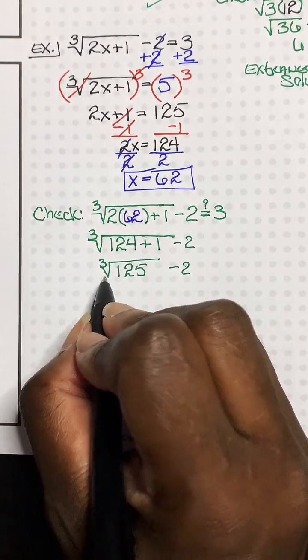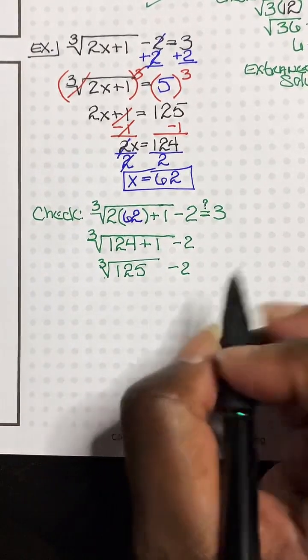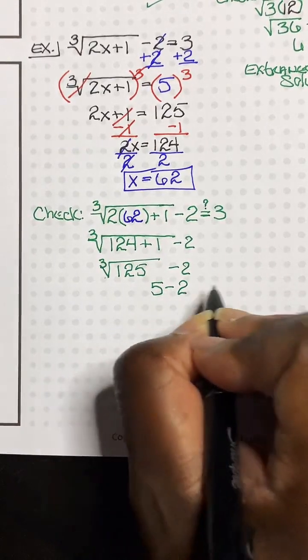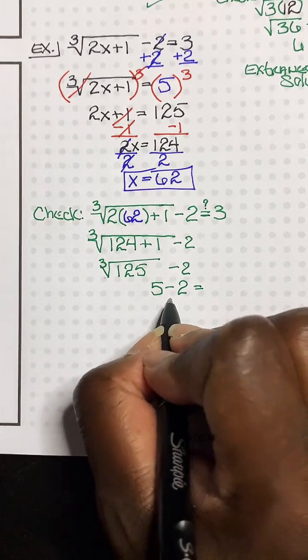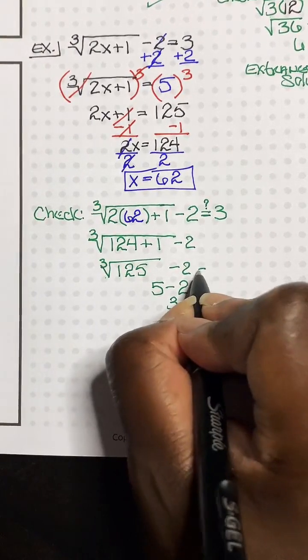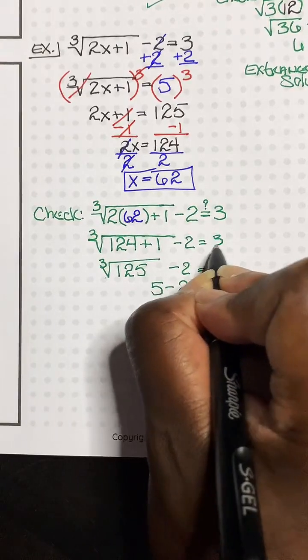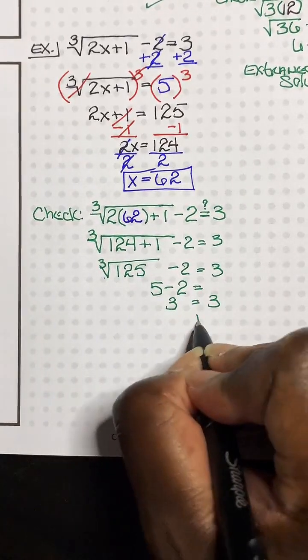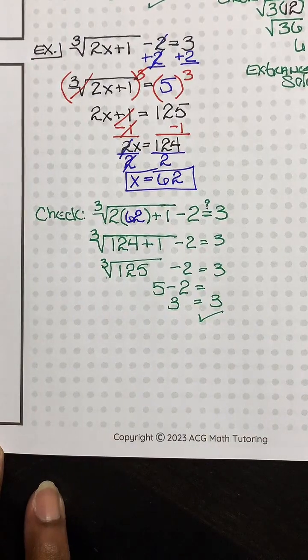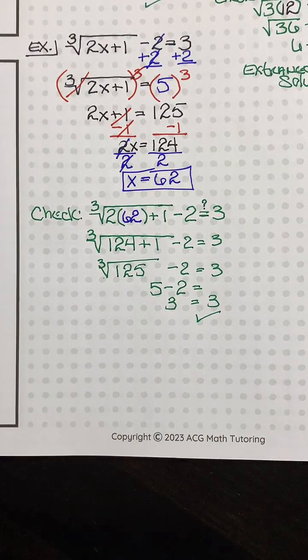The cube root of 125 is going to give me 5, minus 2. And last time I checked, 5 minus 2 does give me 3. So this checks out. That answer is 62. That is my solution.